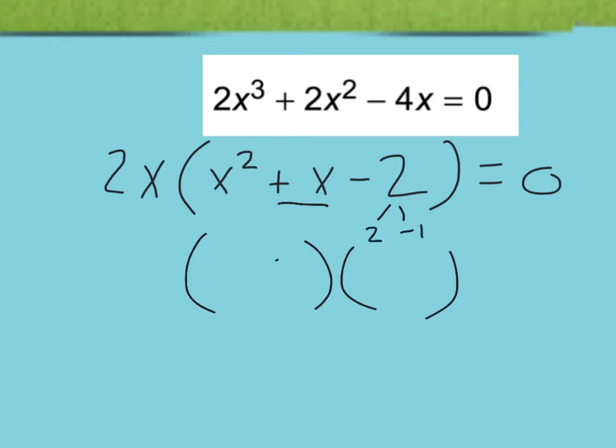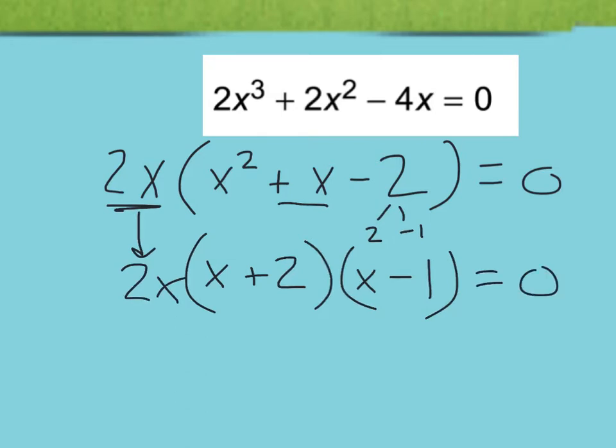Perfect. So we put our 2 and our -1, and we just put our x's. And then we can't forget about this 2x out front. That just stays out front. So the only thing that's different here is we pull out something from the start. Other than that, we're just factoring like normal.